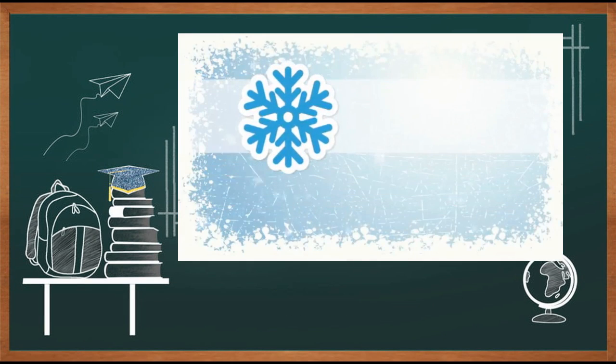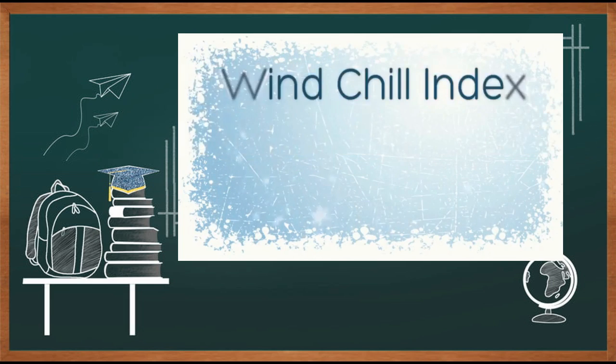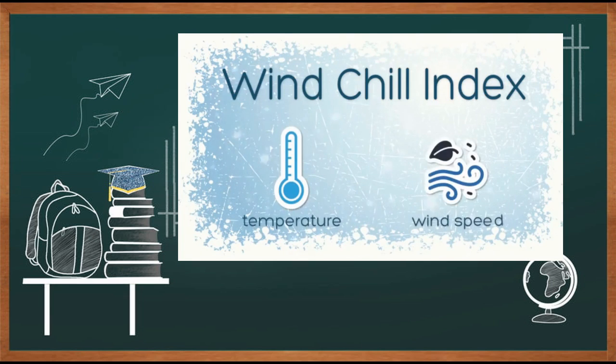In winter, you'll often hear weather reports give an actual temperature and a feels like temperature, which is always much cooler than the actual temperature. What this feels like temperature is based on is something called the wind chill index. The wind chill index is based on two things: the actual temperature and the wind speed.